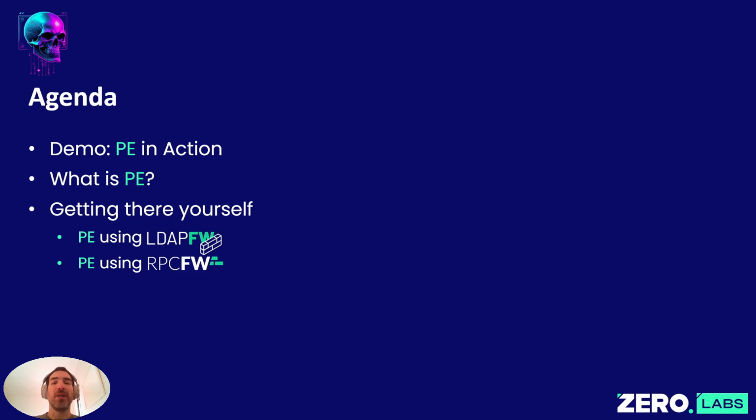Then we'll talk a little bit about prevention engineering, what it is, and why maybe you should be using it in your environment. And then we'll walk you through each of the tools, the LDAP firewall and the RPC firewall over domain controllers, and show you how you can configure them to make them effective tools in prevention engineering and stopping a lot of different forms of attacks.